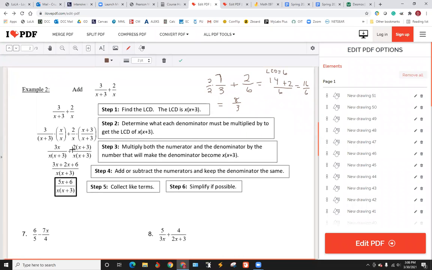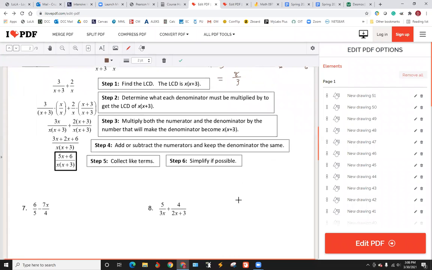To show you this process, let me come up with one. Let's say we have 7 halves, and then we're going to add to it 2 thirds.